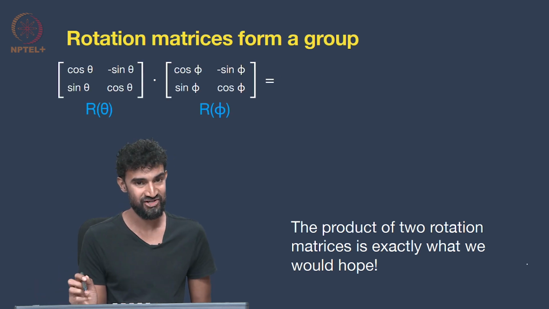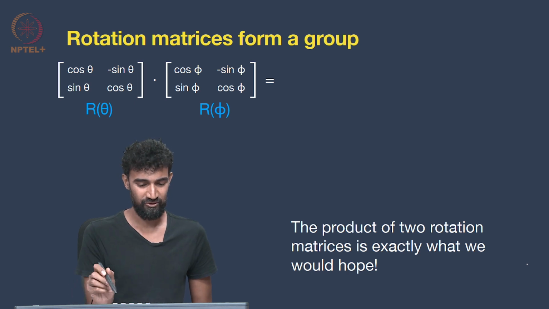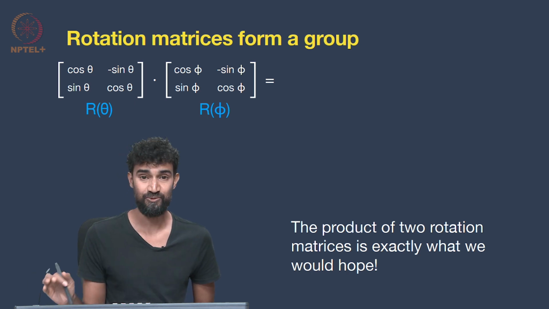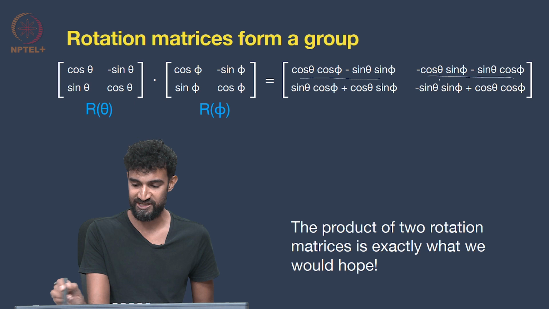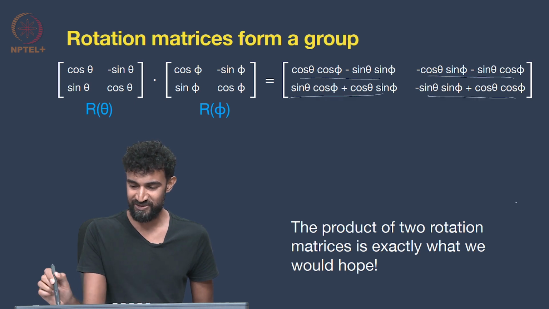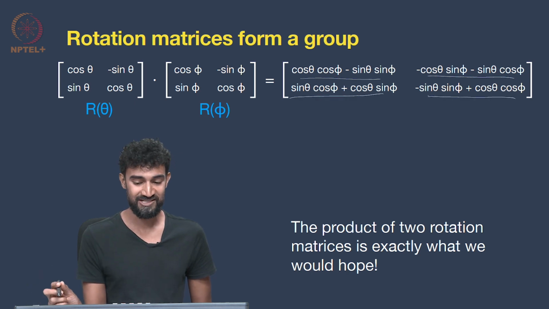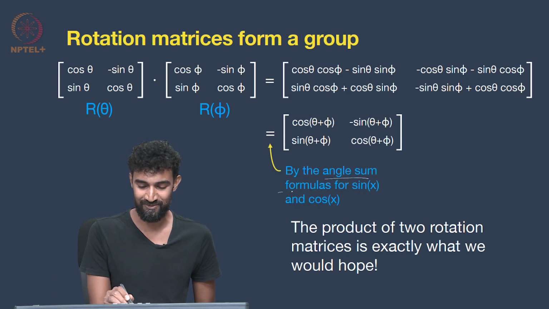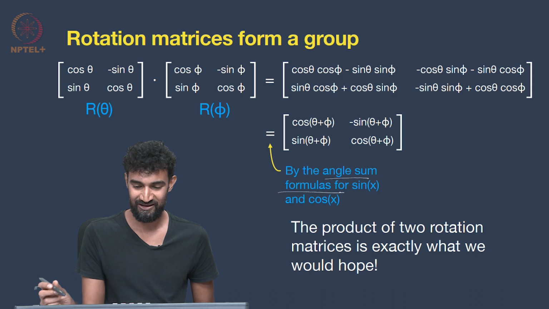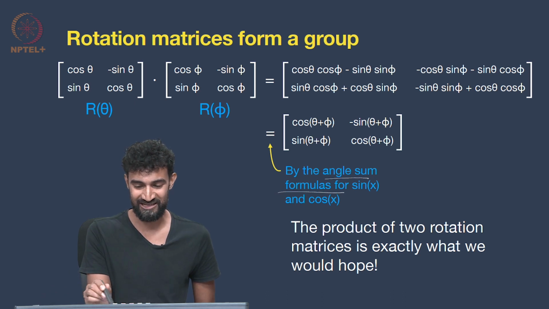And what do we actually get? Let's work it out. If we use matrix multiplication, we get this new matrix with these 4 entries. It looks a bit scary maybe, but if you remember from trigonometry, your angle sum formulas for sine and cosine, those are exactly what we're getting in each of these entries.